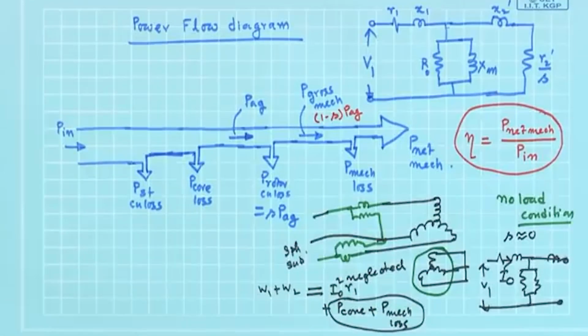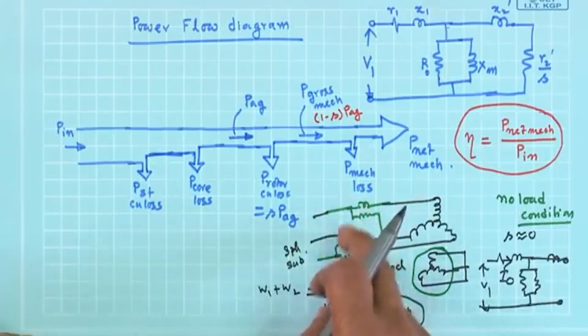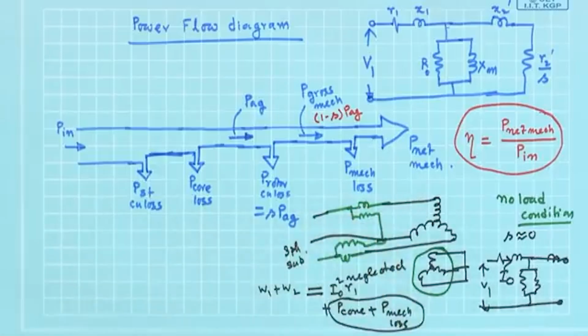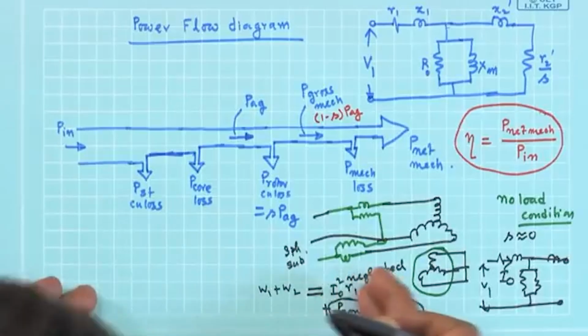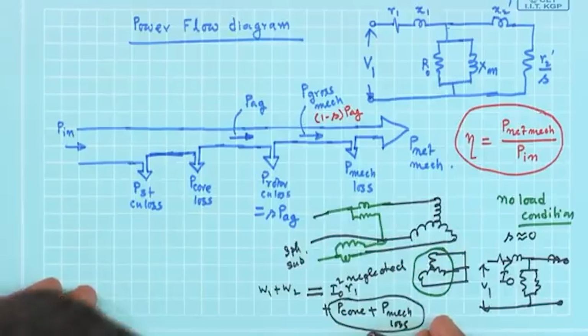Because I naught is less, in no load condition. Therefore, the sum of these wattmeter readings will be equal to P core plus P mechanical loss. Both of them are small, but bigger than this I naught square R1, that is what I am telling.